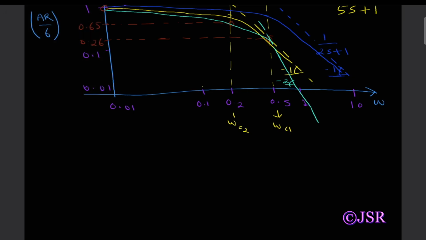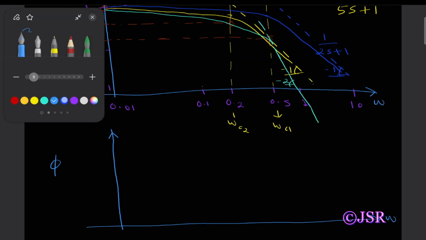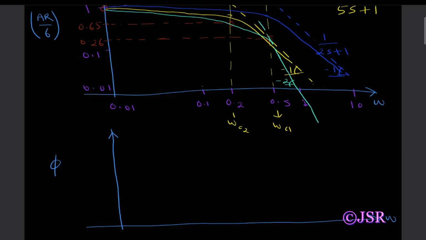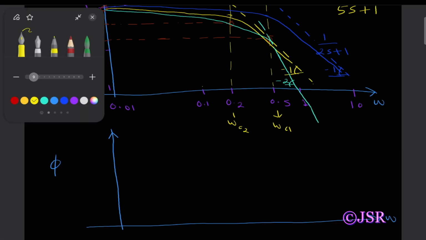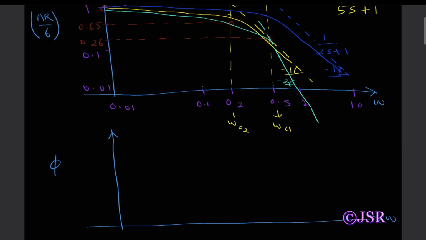For the phase plot, again this is omega, this is phi. So when omega is equal to 0, we have 0 degree.